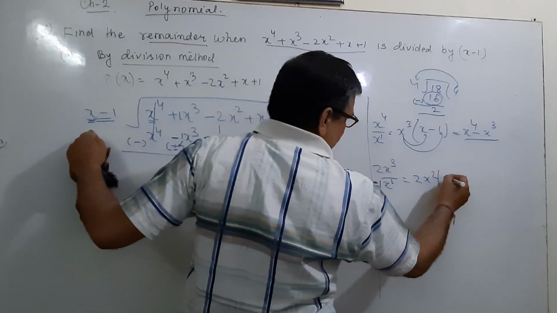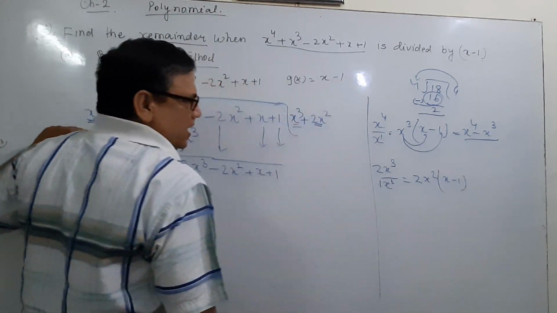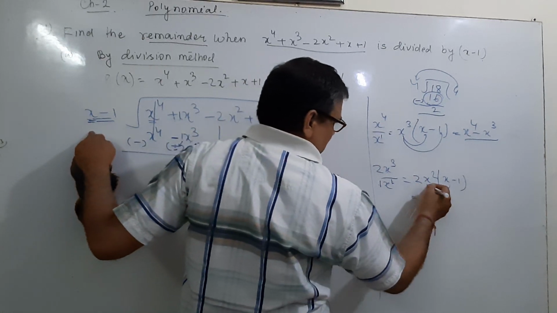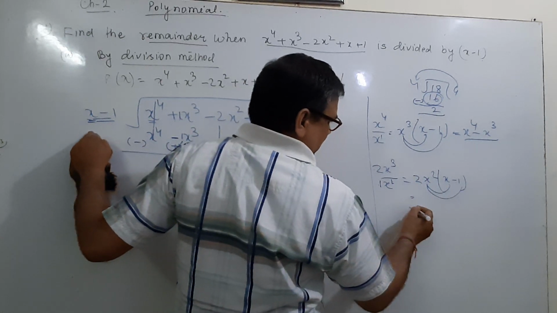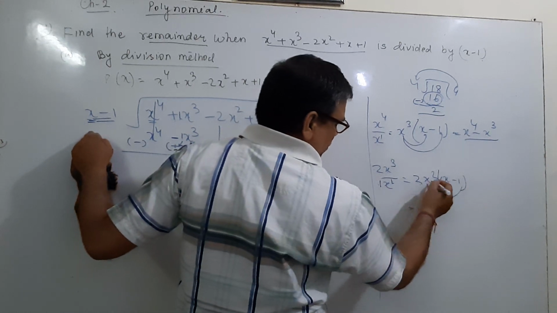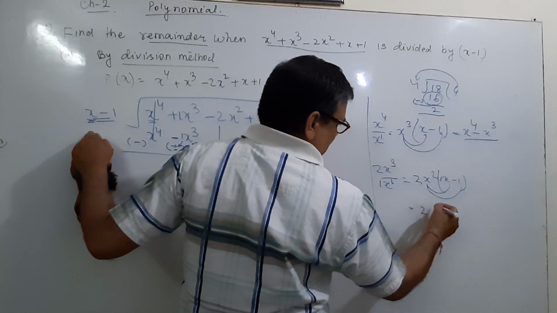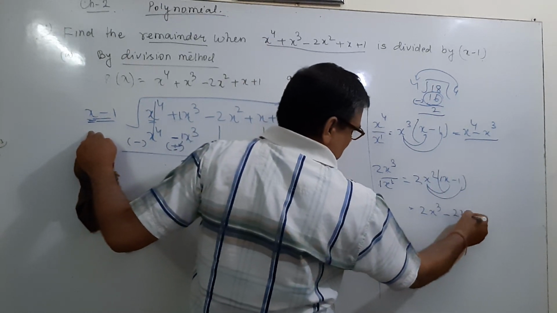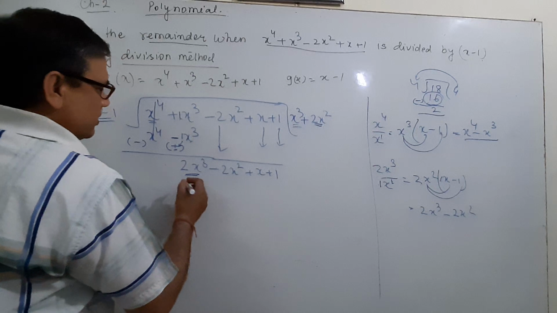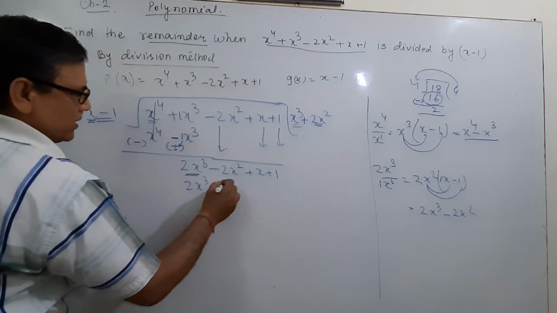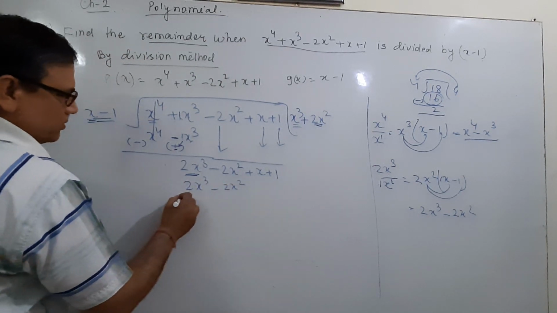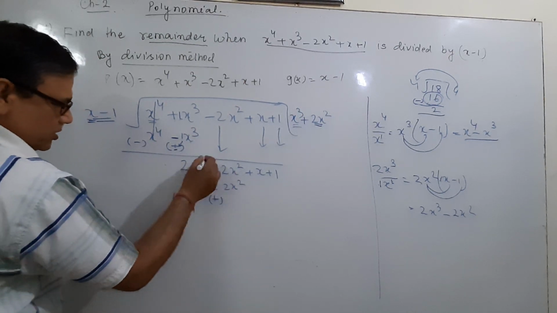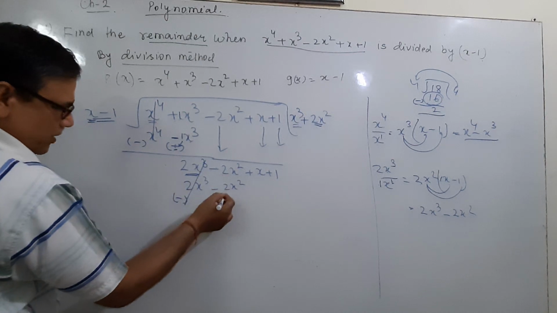Open the bracket: this multiplies this one and this multiplies this one. 2x square into x gives 2x cube, minus 2x square into 1 gives 2x square. So we write 2x cube minus 2x square. Now change the sign, you know it very well: plus, minus, plus. This will cancel, minus 2 and plus 2 both are the same.